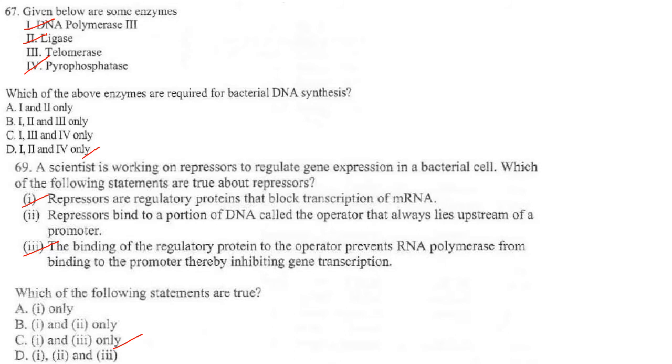I think it lies downstream of the promoter. Okay. Then the binding of the regulatory protein to the operator prevents RNA polymerase from binding to the promoter, thereby inhibiting gene expression. That is also true with regard to repressor. So 1 and 3 are the only statements that are true. So the answer is option C.